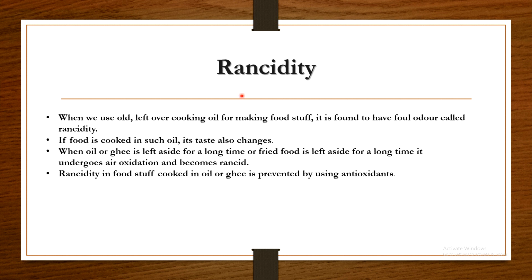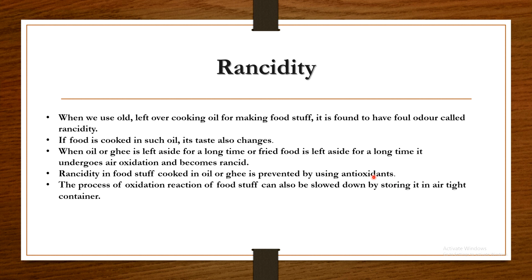Rancidity can be prevented by blocking oxygen from the atmosphere and by the addition of antioxidants. Antioxidants are substances that can prevent or slow damage to cells caused by free radicals.